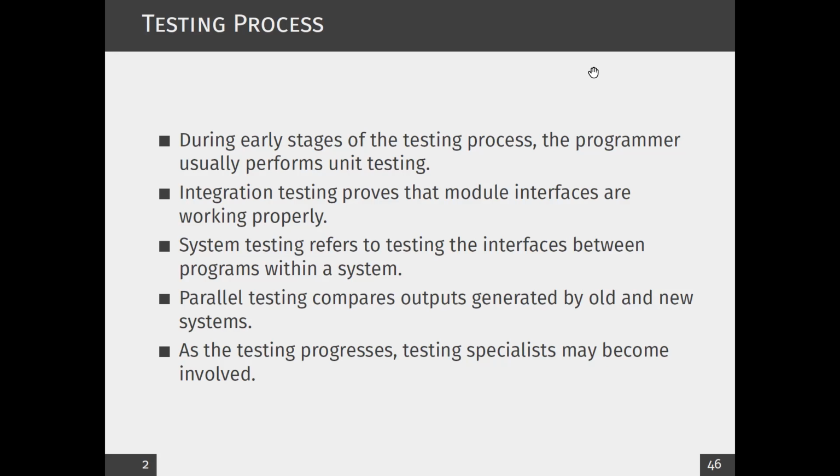That means you check within the program, within the system. And then in parallel testing, you can check, for example, the output coming from the old and new systems. This happens, and there are test specialists involved in this process.